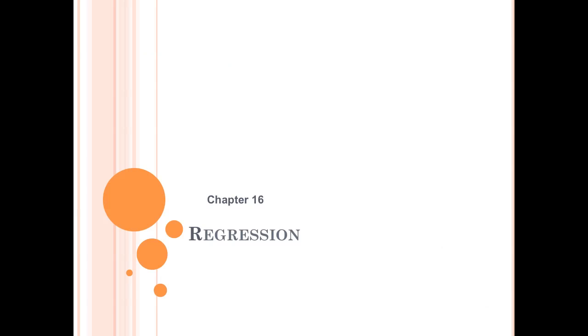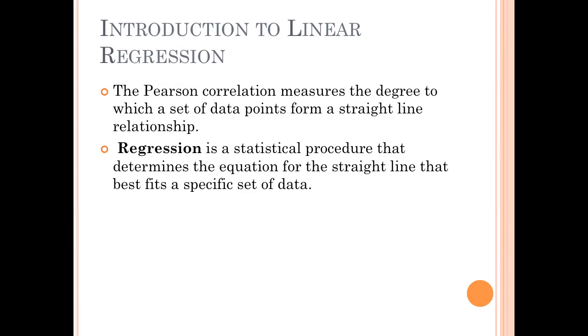So chapter 16 gets into simple linear regression. And so the Pearson correlation measures the degree to which a set of data points form a straight line, or the linear relationship between those two variables.